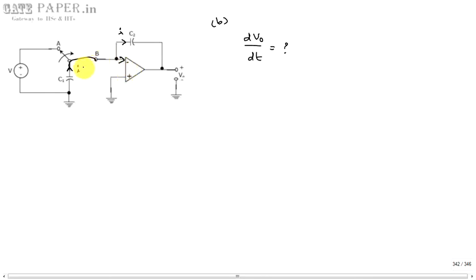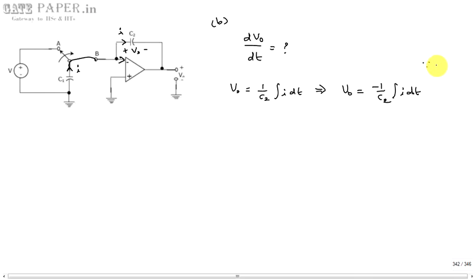So the entire current coming from C1 also flows through C2. If the current flowing through this capacitor is I, you can express V2 as V2 is equal to 1 by C2 times the integral of I dt. From this, since V0 is equal to minus V2, we can write it as minus 1 by C2 integral of I dt.